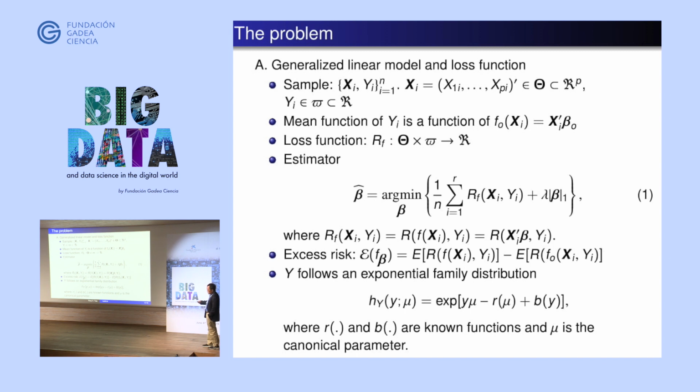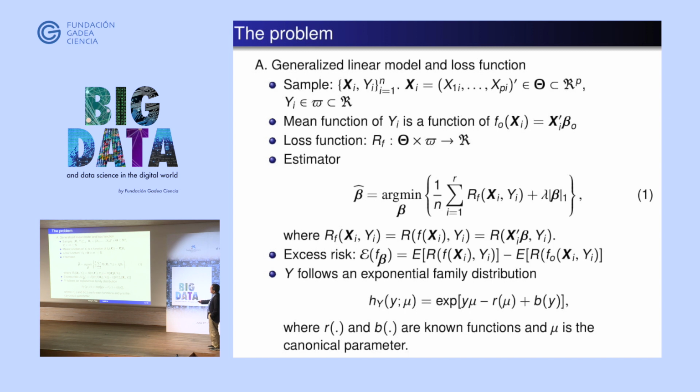We define some loss function, because the loss function plays a role here. The estimate is penalized with a Lasso type of penalty, and we define the loss function because we assume the mean function is linearly related to the predictors. We have the excess risk: this is the expected loss when you know the true parameter, and this is the excess loss, because we estimate the parameter.